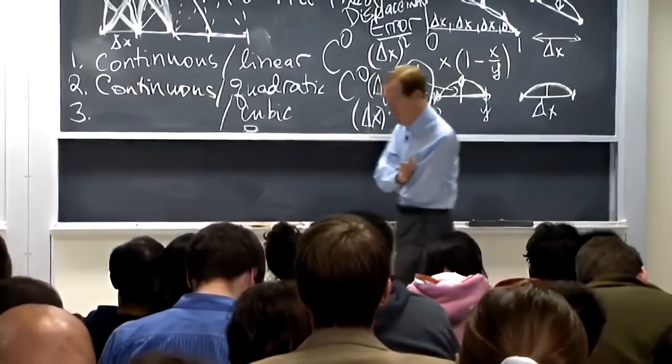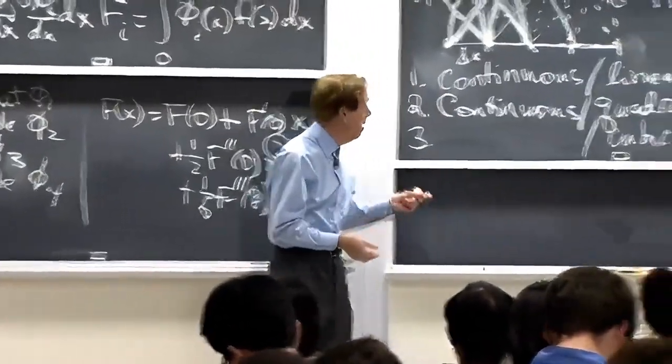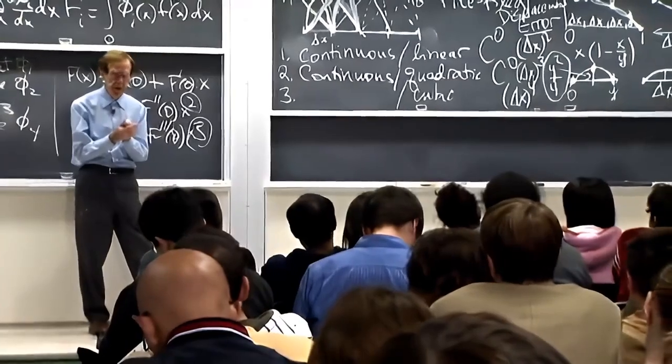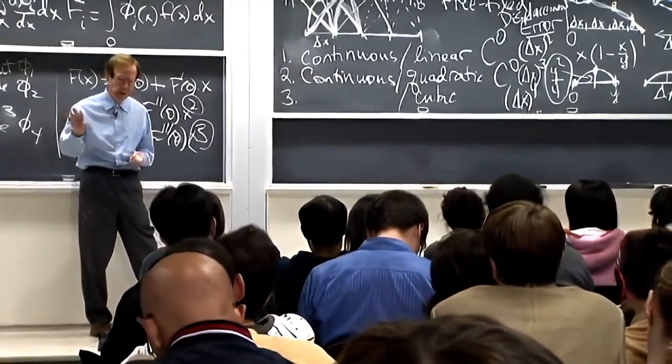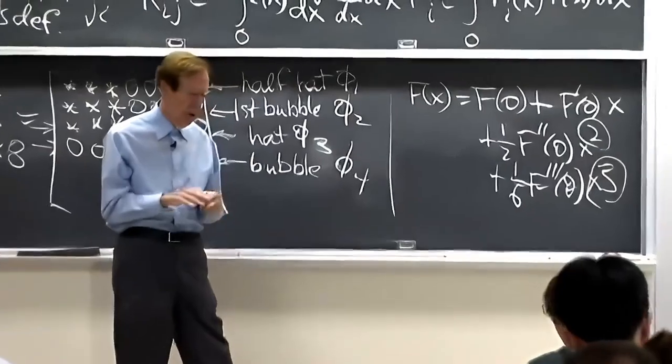Okay, this was the fun in the golden age of finite elements, to construct cubics. What shall I use as basis functions for cubics? So I want to have a cubic in each piece. Suppose, first of all, I just want no more than that.